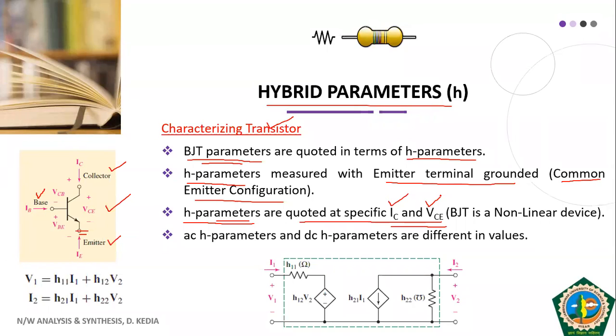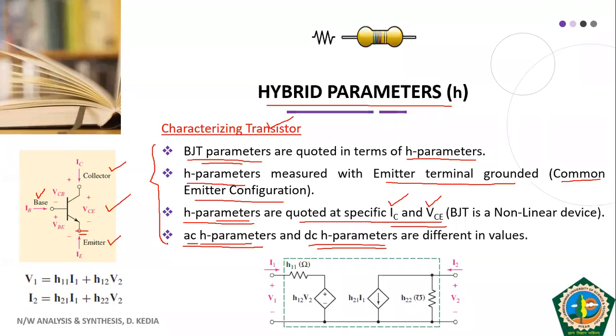Apart from that, AC H parameters, when your independent sources are AC, or DC H parameters, when your independent sources are DC, also differ in values, because your non-linear device will behave differently if you apply AC or DC. All these points are very important if you want to correlate your H parameters with your bipolar junction transistor parameters.